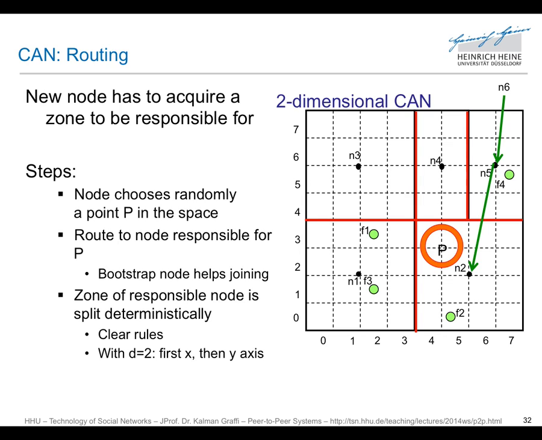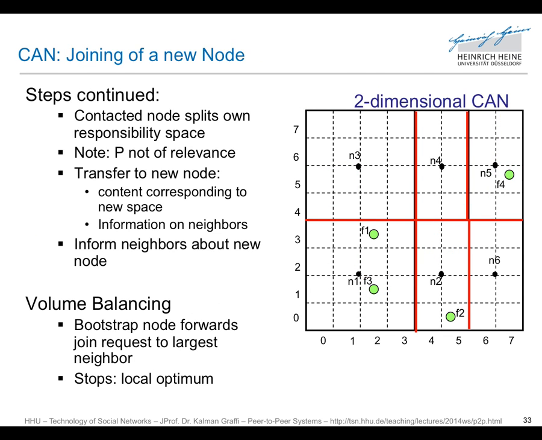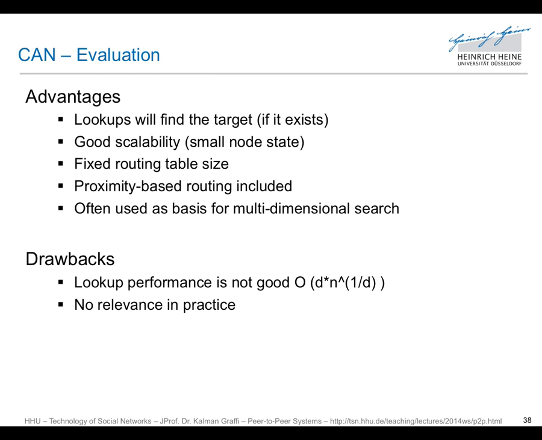I think it's also, let me just find the slide. Yes, okay. So that's what we want to go to. So why is it d times that one? This is because we have to first go once across this part and once across that part.